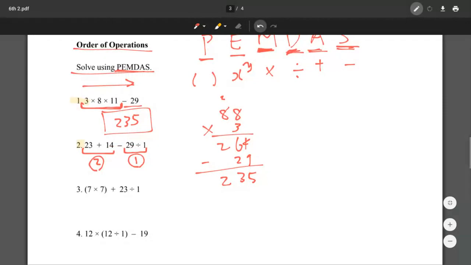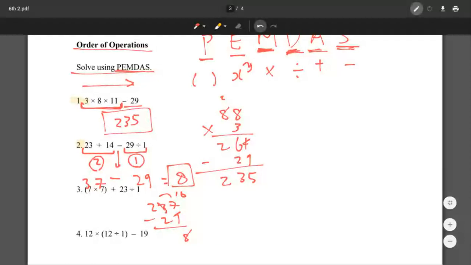Okay? And so 29 divided by 1, we know that's 29, right? And then 23 plus 14 equals 37. And so bring down the subtraction sign, and 37 minus 29 equals 8.